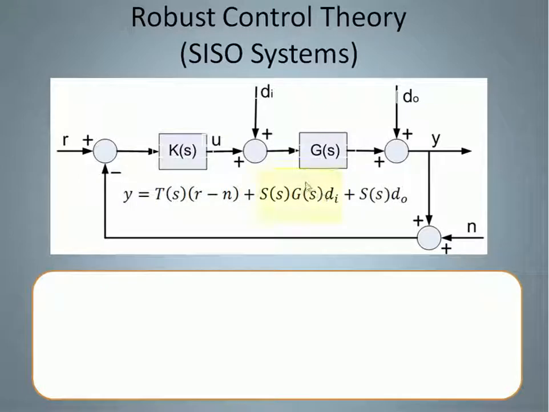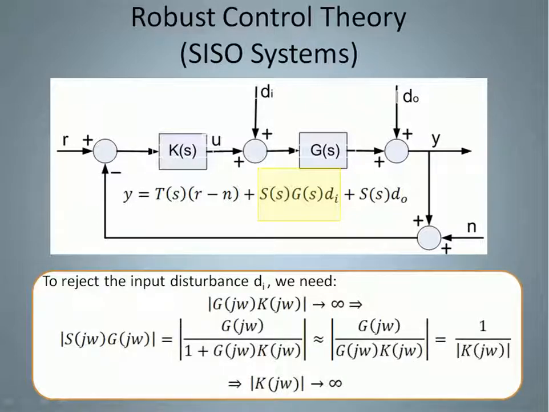Now, what do we need to do in order to reject the disturbance DI? We already know that the magnitude of the open loop transfer function must be big if we want to reject DO. With this condition, let's take a look at the product sensitivity times G. We see here that the magnitude of the controller has to be big to make the system insensitive to the disturbance DI.